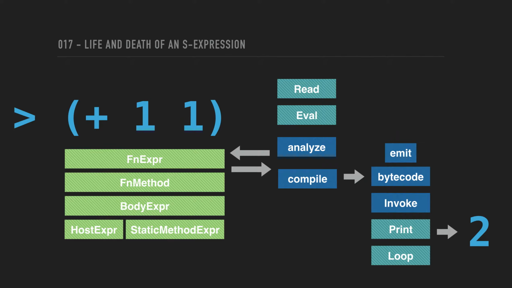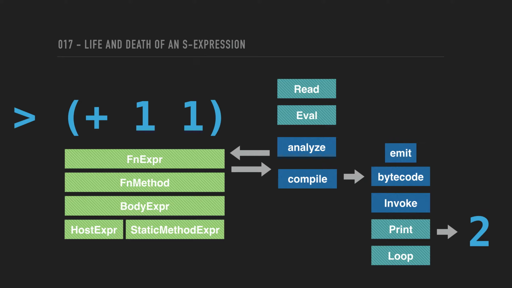And then when it has created a nice list with all the characters and symbols that were found on the standard input, it invokes the normal eval in Clojure core to eval this list.